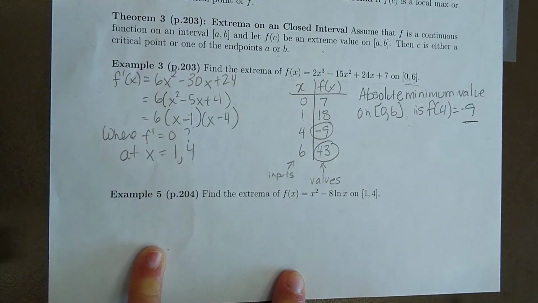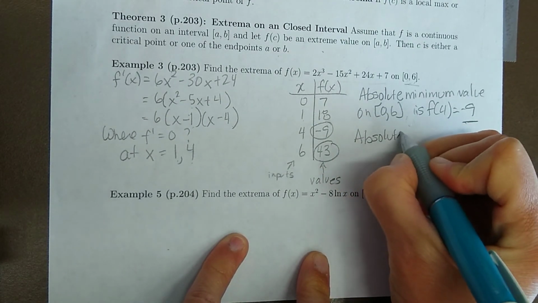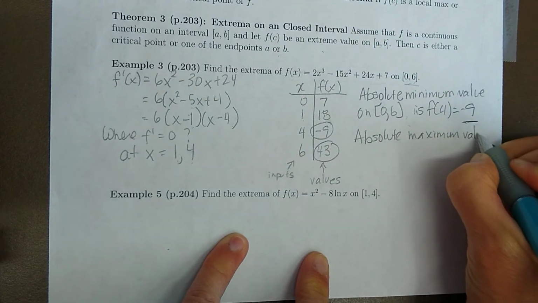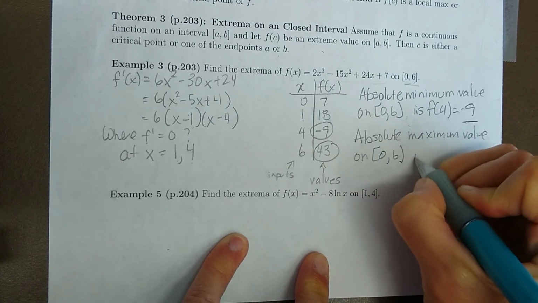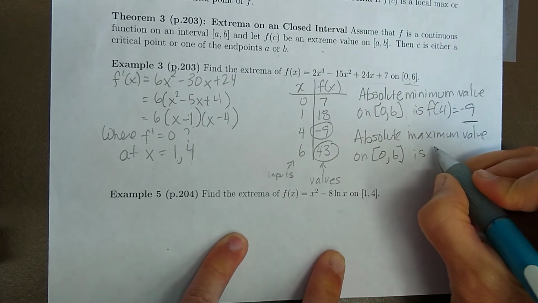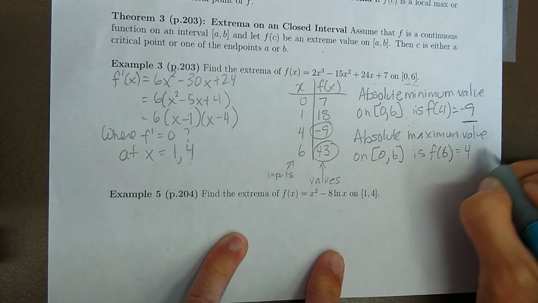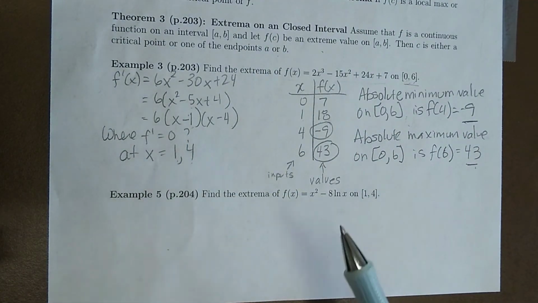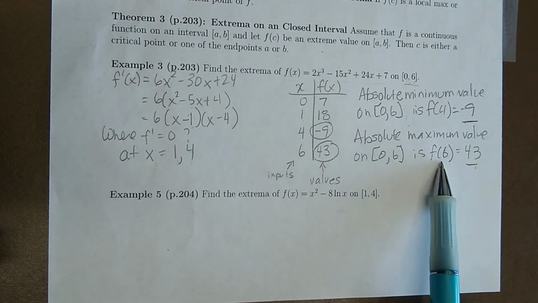That's the value. And the absolute maximum value on the interval from 0 to 6 happens when we plug in x equals 6 and out comes 43. That's the output. This is the value. And I keep emphasizing that we call that the value. It's the output of the function. Where it occurs is the input of the function.